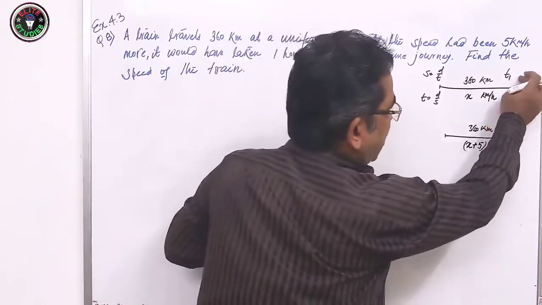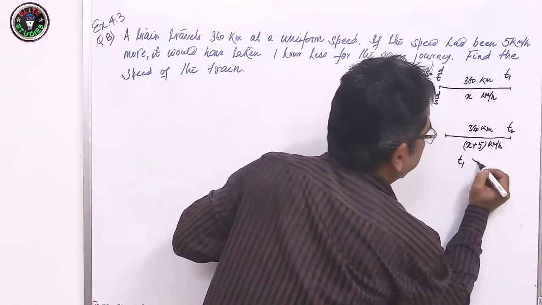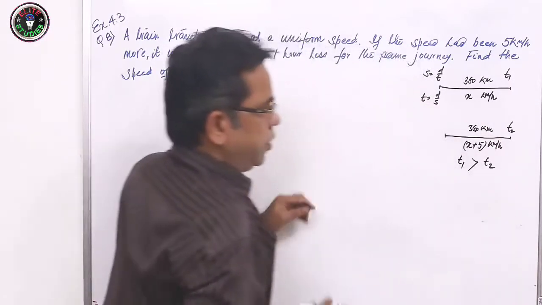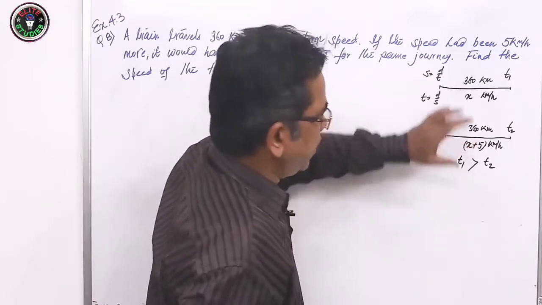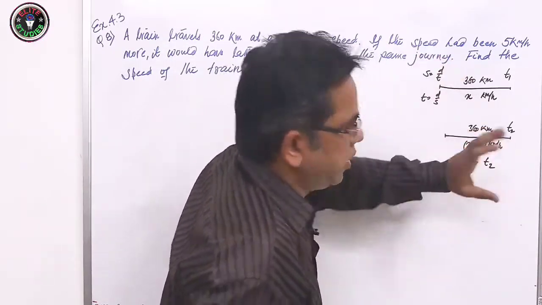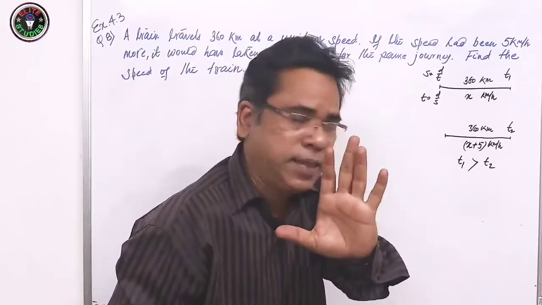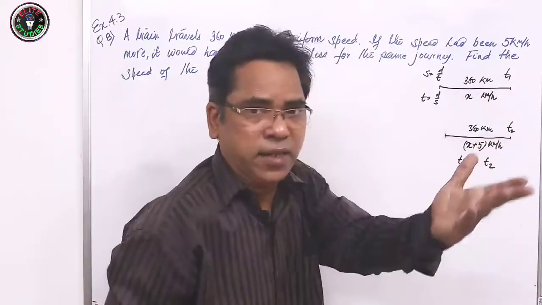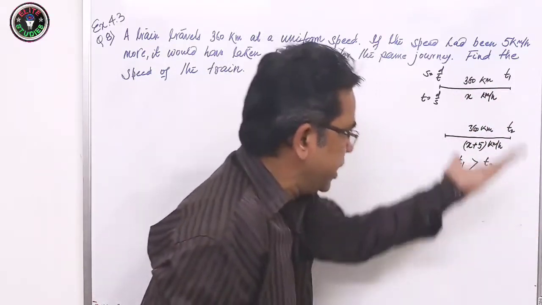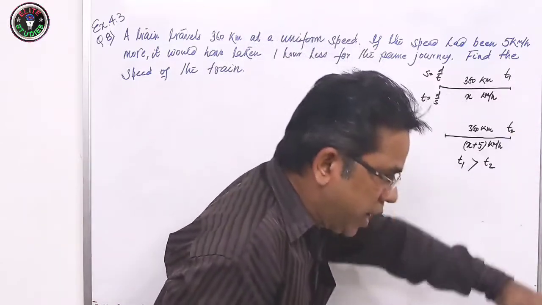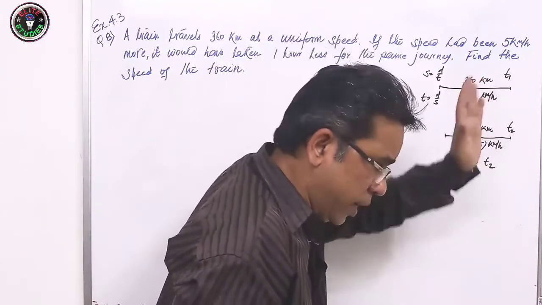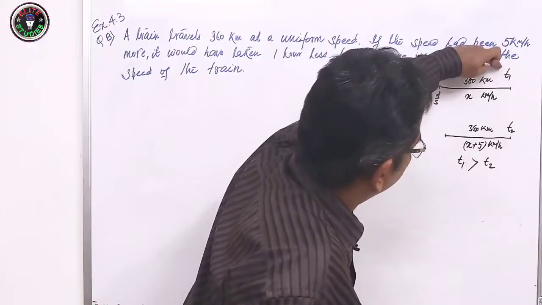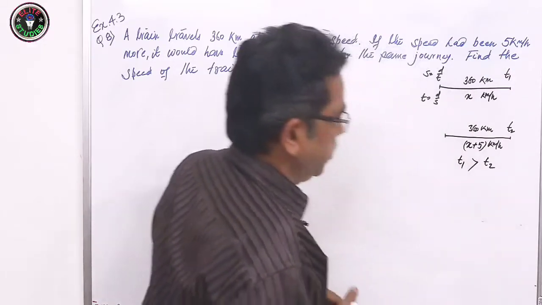Again I will repeat, the distance to be covered is the same in both cases, but the speed varies. In the second case the speed is increasing, so t2 will be less, therefore t1 is more, so t1 is greater than t2.